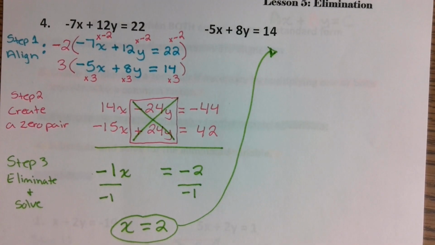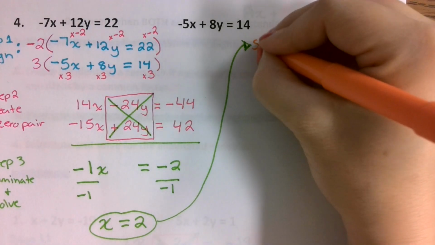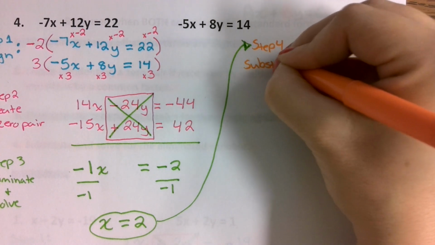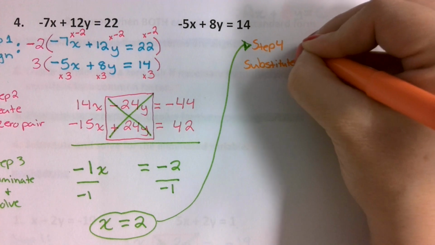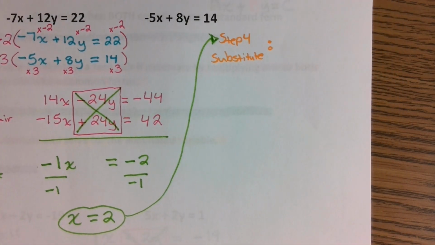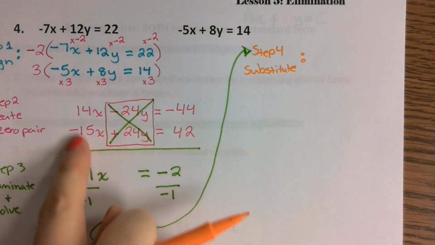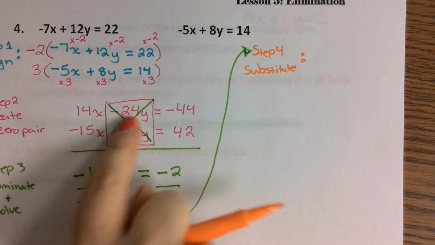And step 4 is to substitute. Okay, now, am I going to choose one of these equations right here that I wrote? No, because what if I made a mistake here?